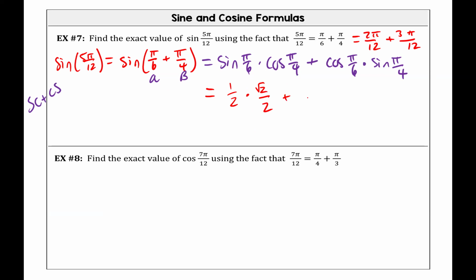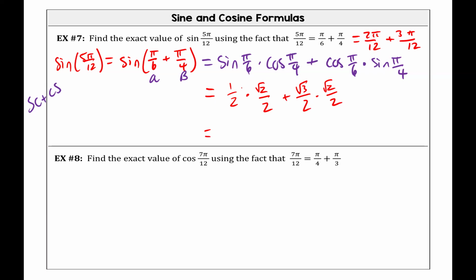What is the cosine of pi over 6? What is the sine of pi over 4? Pi over 4, square root of 2 over 2. And all we did was use the unit circle.